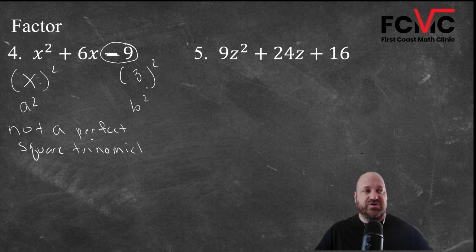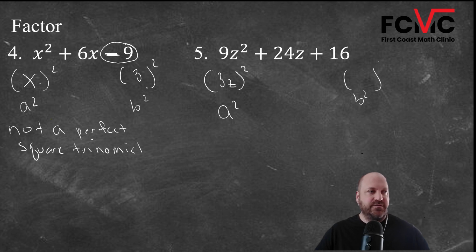Let's see, is this a perfect square trinomial? What are we squaring to get 9z squared? We're squaring 3z. What are we squaring to get 16? We're squaring 4. And that middle term, this is plus, so it should be plus 2ab, which should equal, our binomial is going to be a plus b squared.